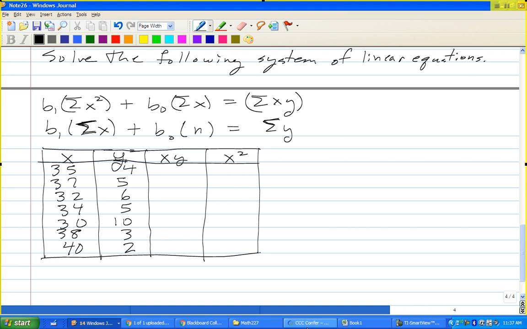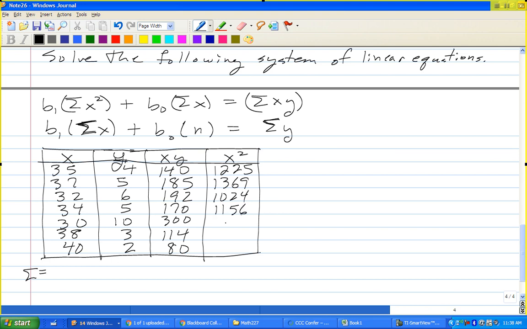So let's multiply these together. So 140, 185, 192, 170, 300, 114.80. I'm going to have to add these up. Square that. 1225, 1369, 1024, 1156.